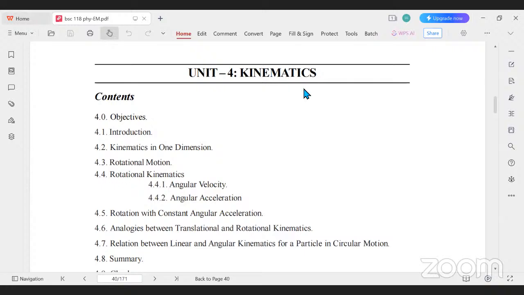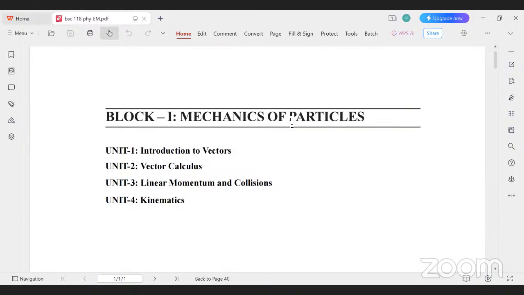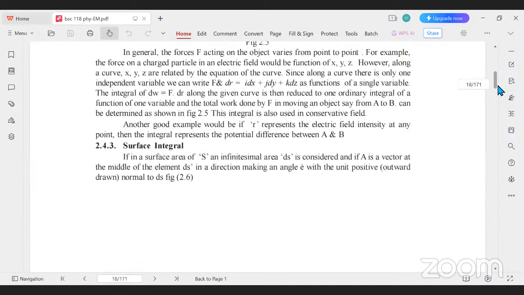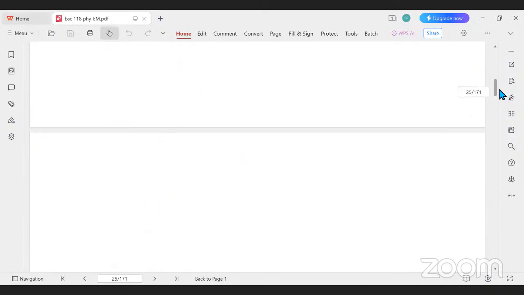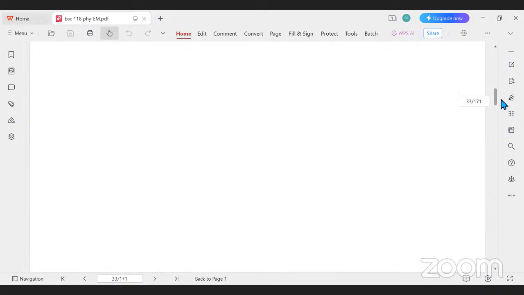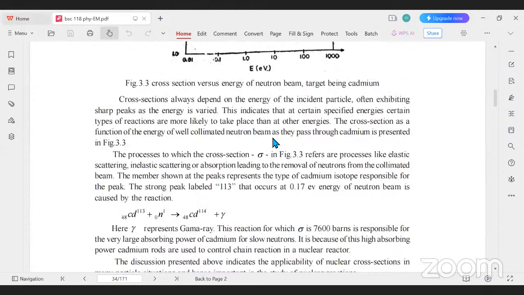Before, we have already discussed mechanics of particles, and the next one... we have completed 3 units.